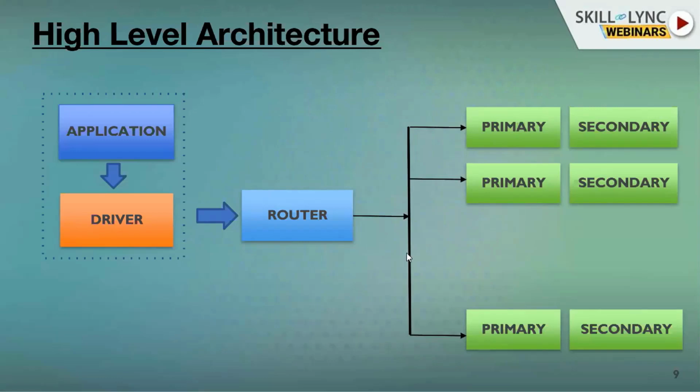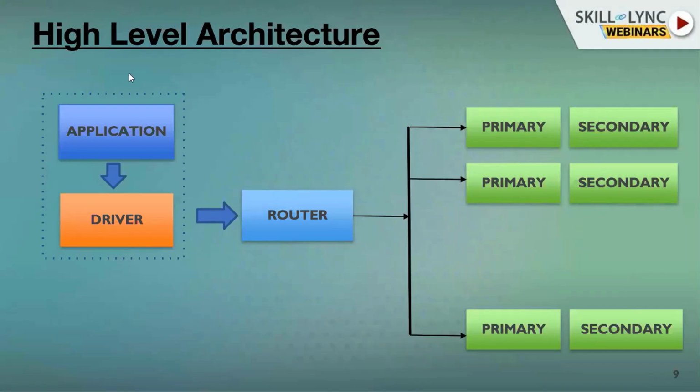The router shards the data. I missed adding that we will have shards over here. These shards will be placed under each cluster of machines, and this is what we call the replication part, and the data will be distributed across each machine.